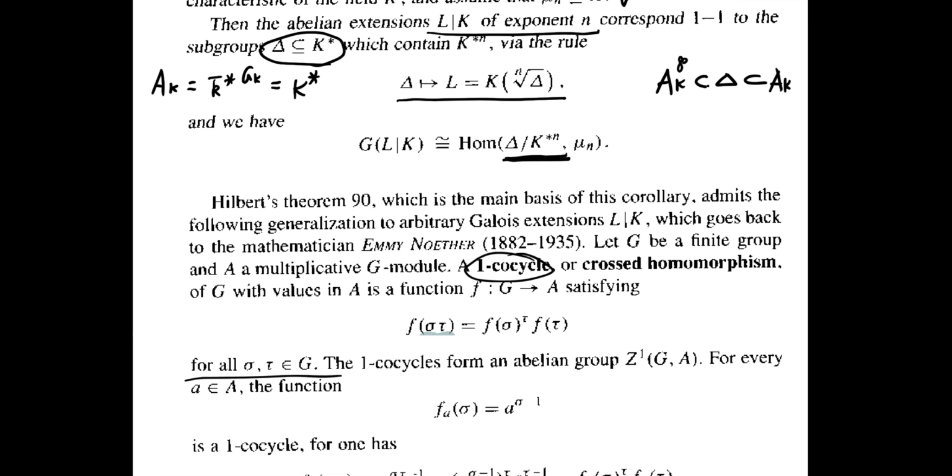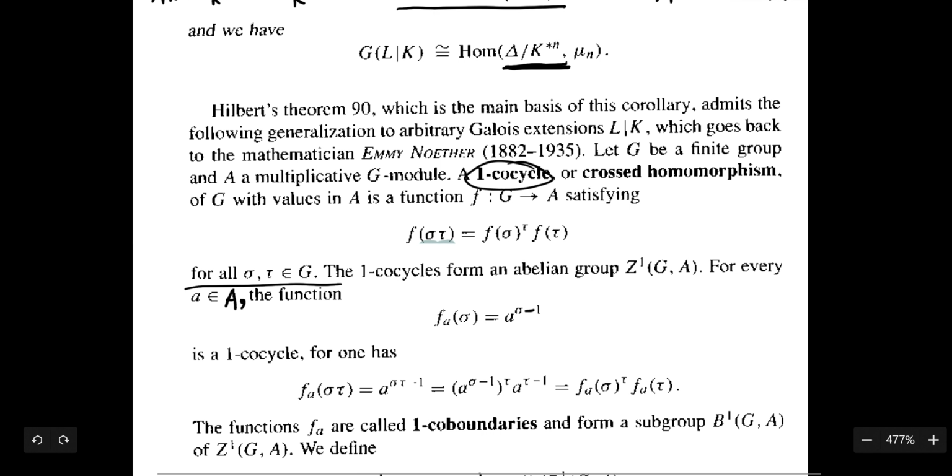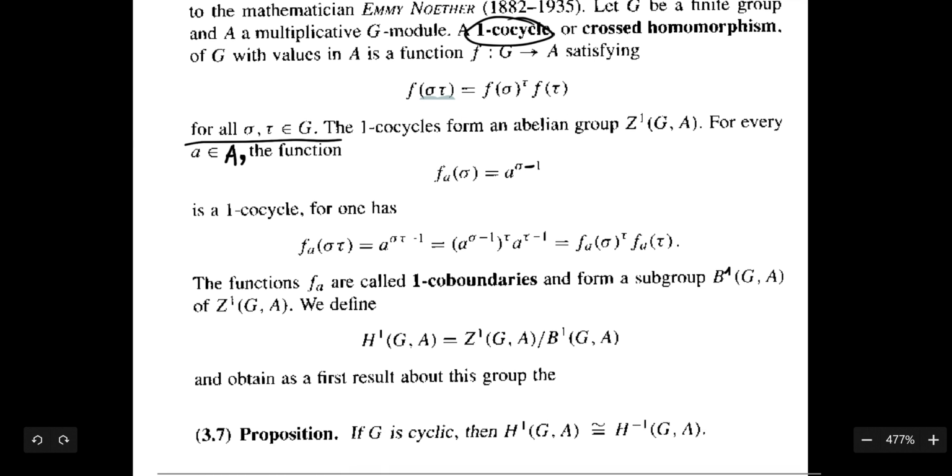The one cocycles form an abelian group. For every small a in A, the function is a one cocycle. These functions f a are called one coboundaries and form a subgroup. Now we've defined the first group cohomology.